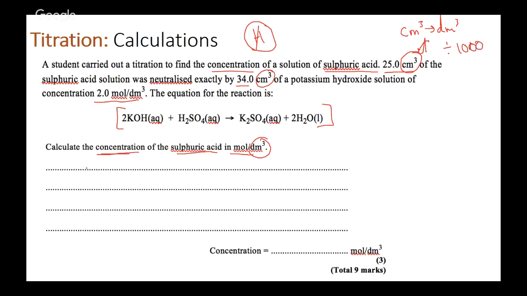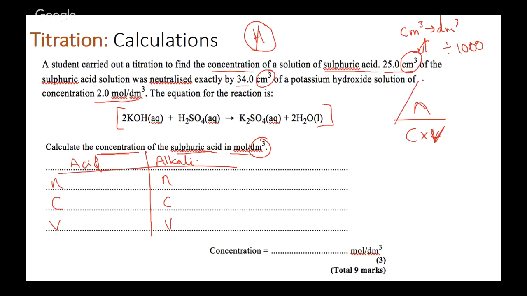So I always recommend you doing these in a table. So write down your acid, alkali, and I'm just going to denote N for number of moles, C for concentration, V for volume on both sides. And there's a triangle if you need to remember it. Okay, oh, that should say V, number of moles, concentration, and volume.